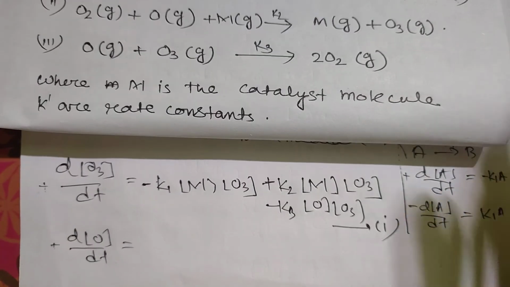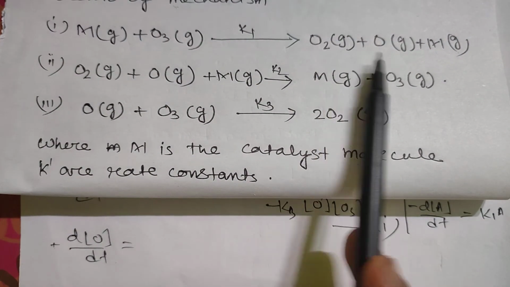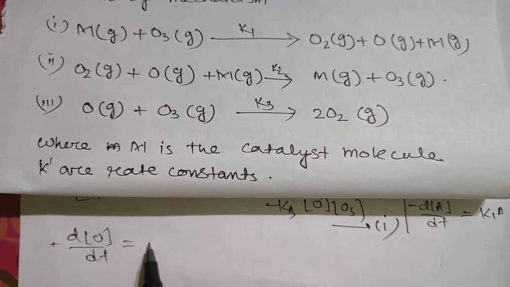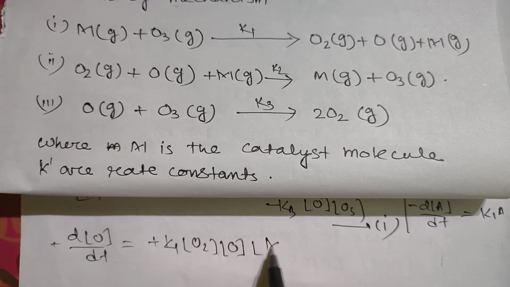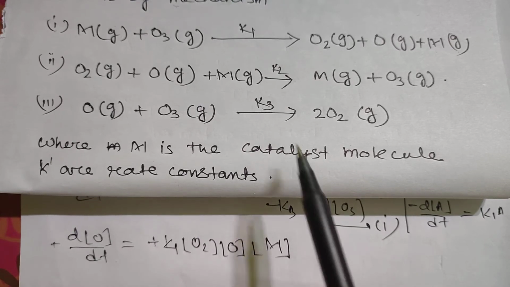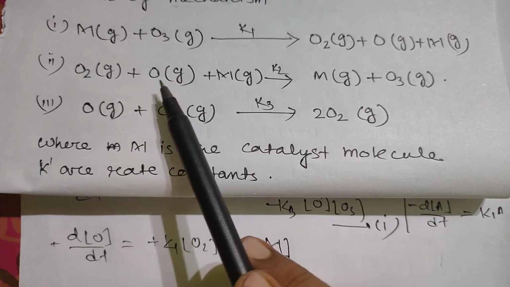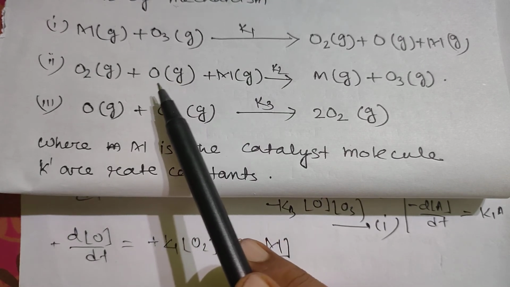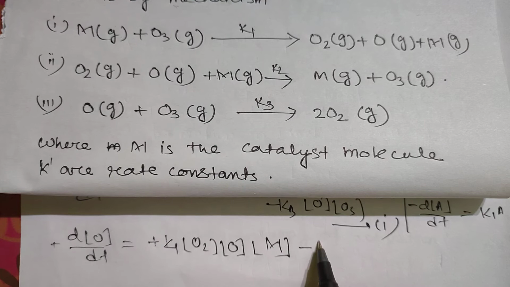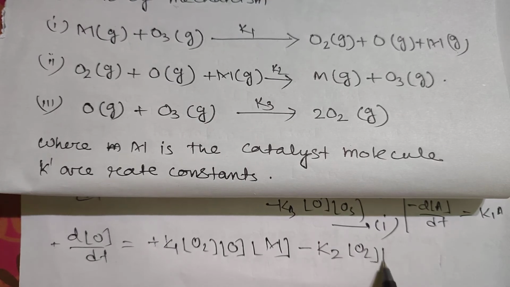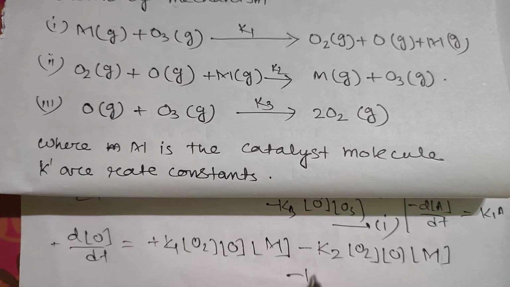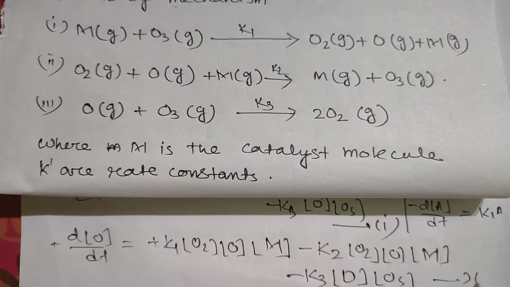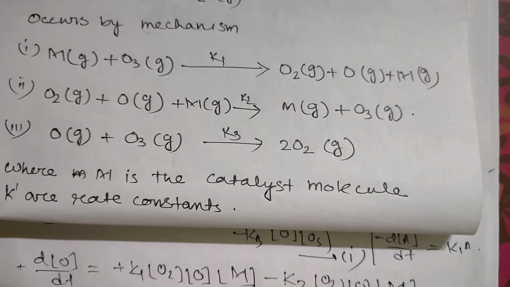What is dO by dt? Here it is the formation of oxygen atom, so it will be plus K1 [O3][M], and here it is reacting, so it will be negative K2 [O2][O][M], and here it is also reacting, so it will be minus K3 [O][O3]. So these are the two equations.